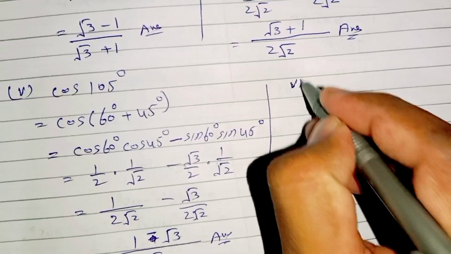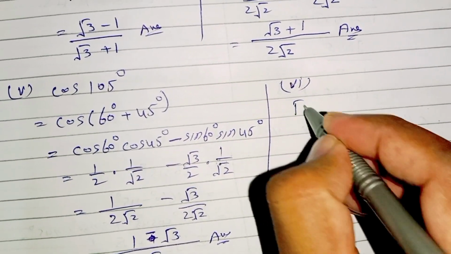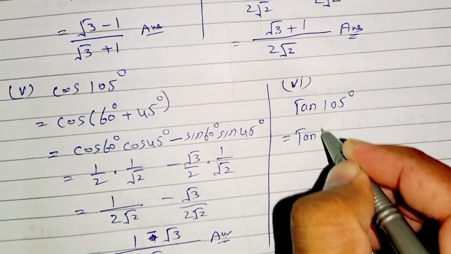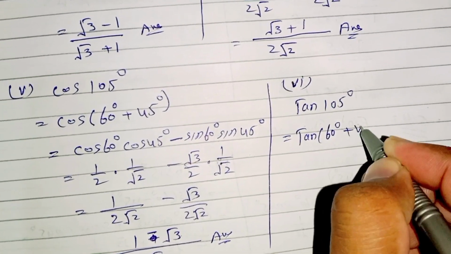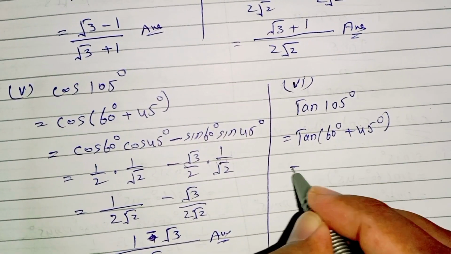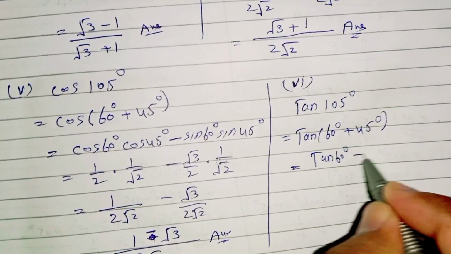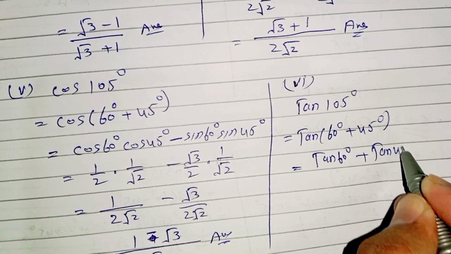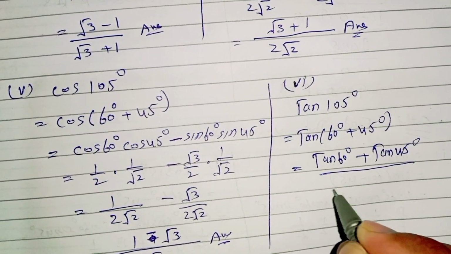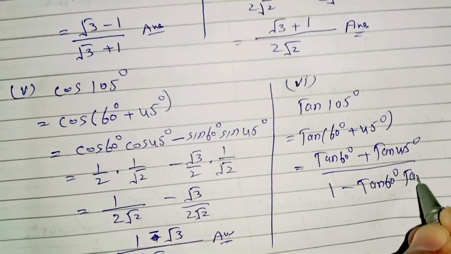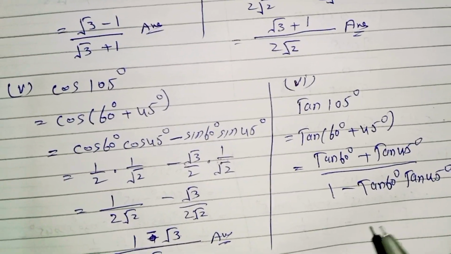Last part of this question is tan 105 degree. It can be written as tan of 60 degree plus 45 degree. By using the formula tan alpha plus beta, tan 60 degree plus tan 45 degree in the numerator, 1 minus tan 60 degree and tan 45 degree.